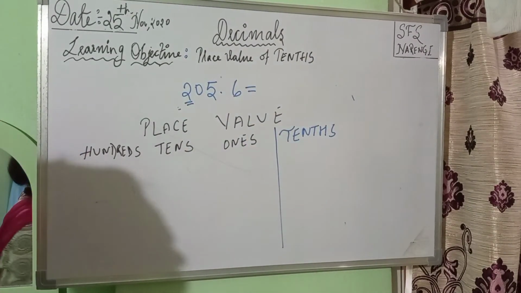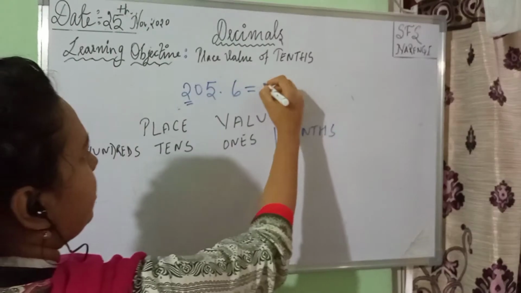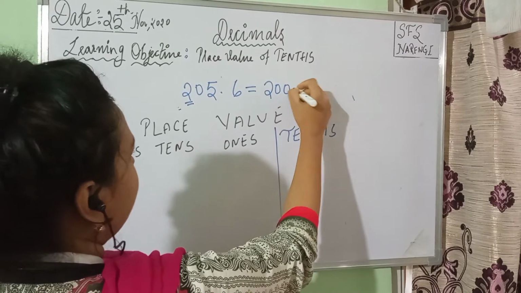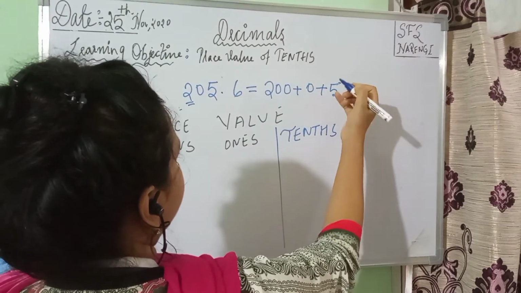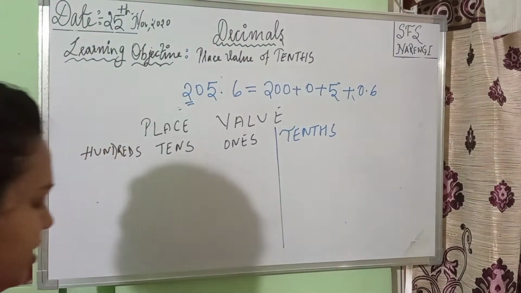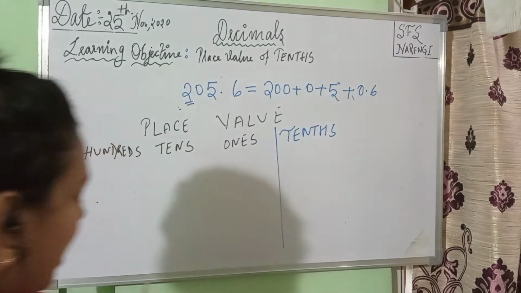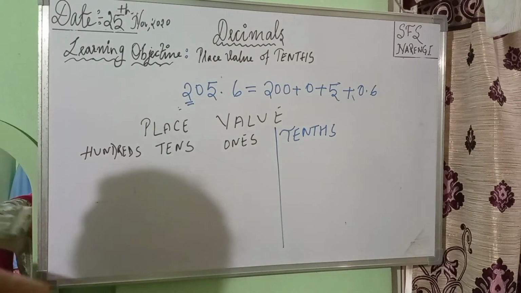Remember this children, we have done it multiple times in our lower class. This can be written as 200 plus 0 plus 5 plus 0.6, right?